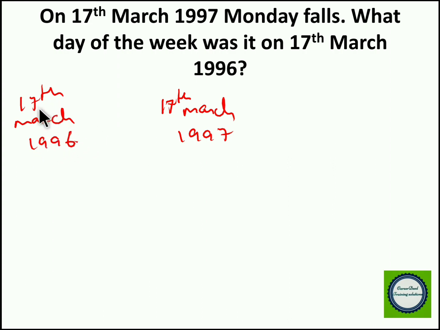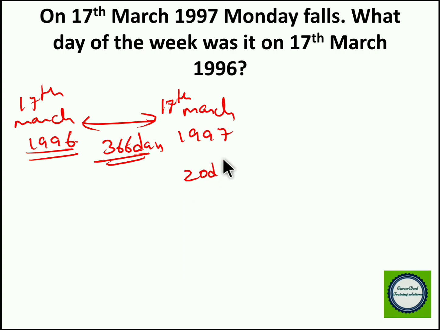Now starting from 17th March 1996 to 17th March 1997, since it's a leap year, you have 366 days in total, right? So here you will get 2 odd days. If the second odd day is Monday, 2 days before Monday will be Saturday. So Saturday becomes the answer for this question.